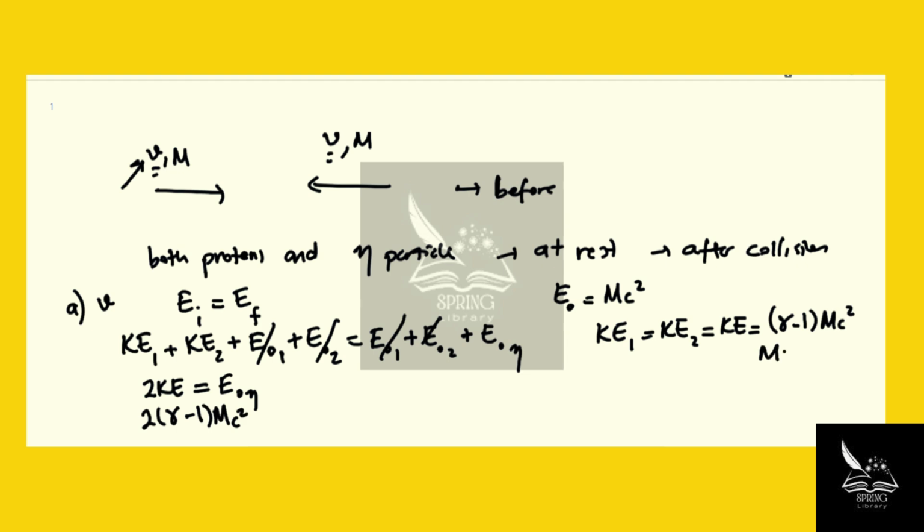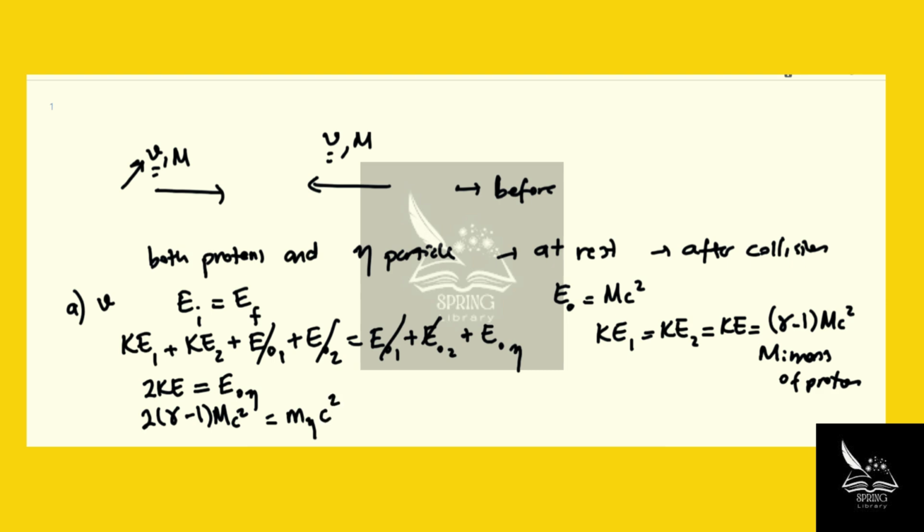This capital M here is the mass of proton, obviously. And on the right-hand side, instead of mu, let's just put nu there to refer to the rest mass of this new particle times c squared, right?